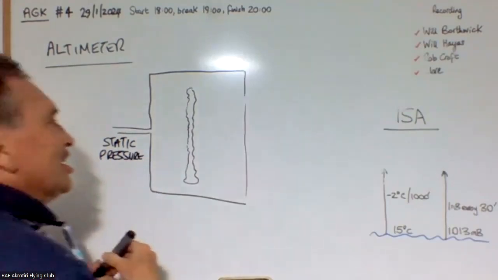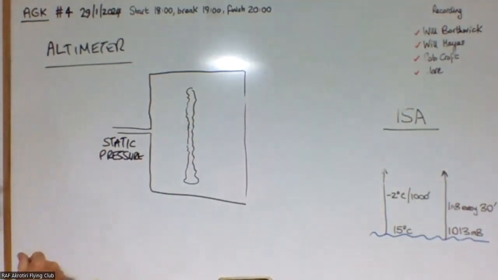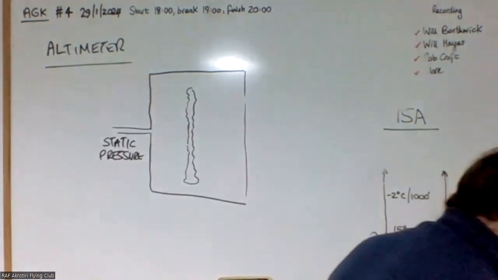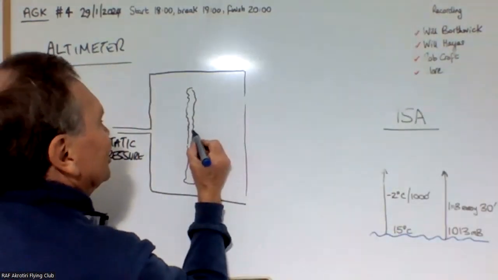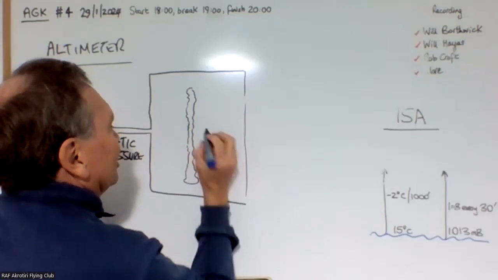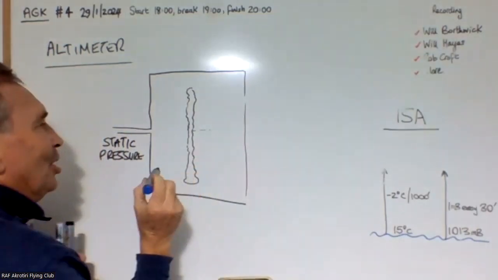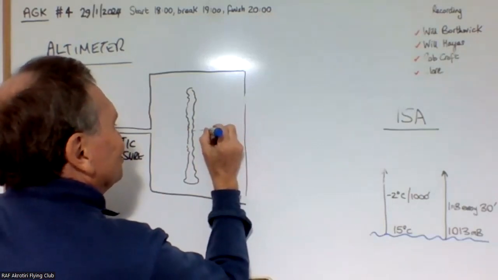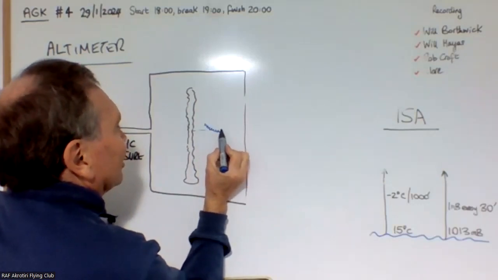And what happens is that this capsule can expand and contract inside the instrument. As it expands and contracts, it's connected to, typically, a tiny little arm on it that's connected to a small cog that's like an arc.